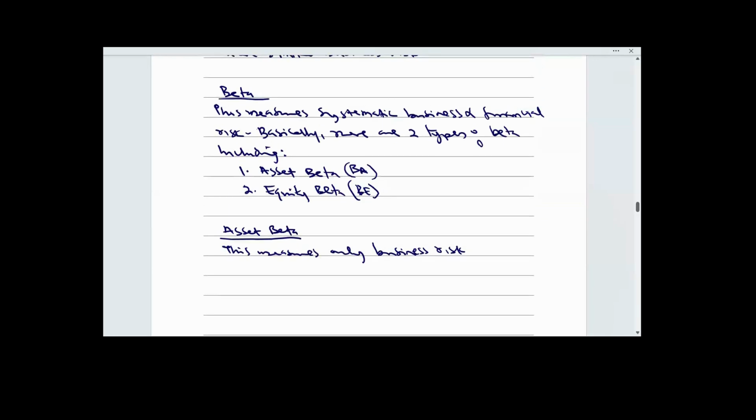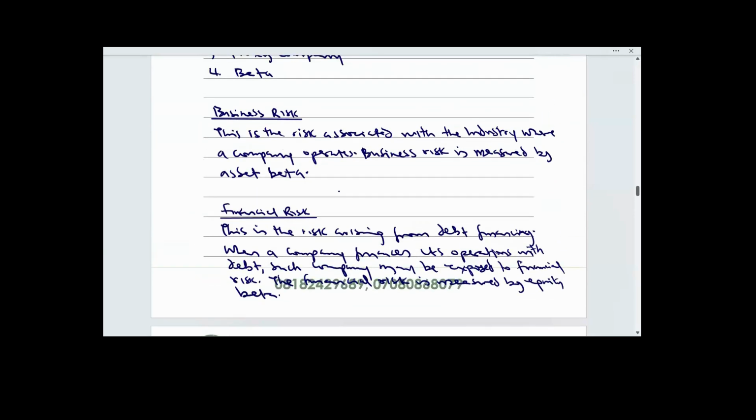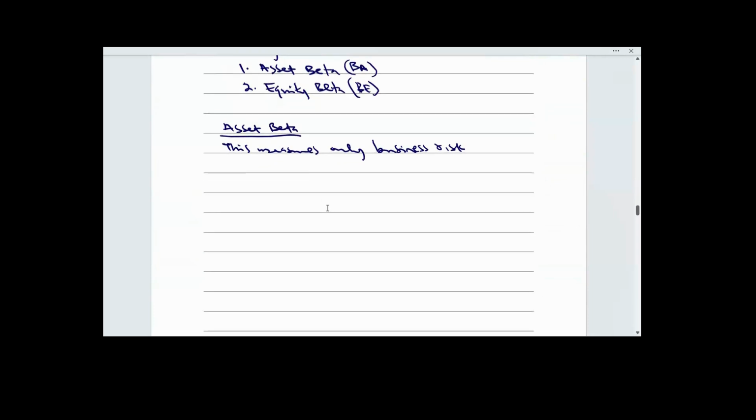To measure that risk, of course, you need asset beta. So that's what I told you here. Business risk is measured by asset beta. Yes, that's basically what asset beta is all about. You use it to measure business risk. I will show you the formula you are going to use later on.